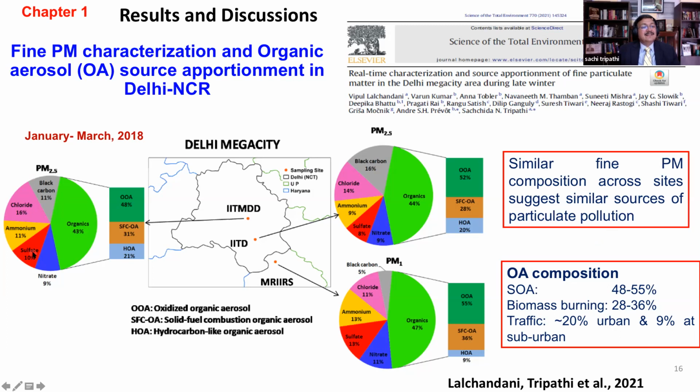And if you add sulfate, nitrate, 10 plus 9, which is about 20, and ammonium, which is 10, you see 30% is secondary inorganic and 25% is secondary organic.